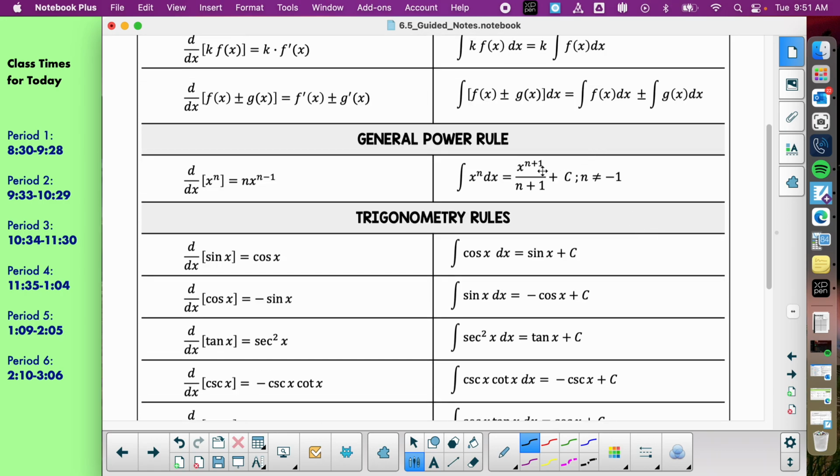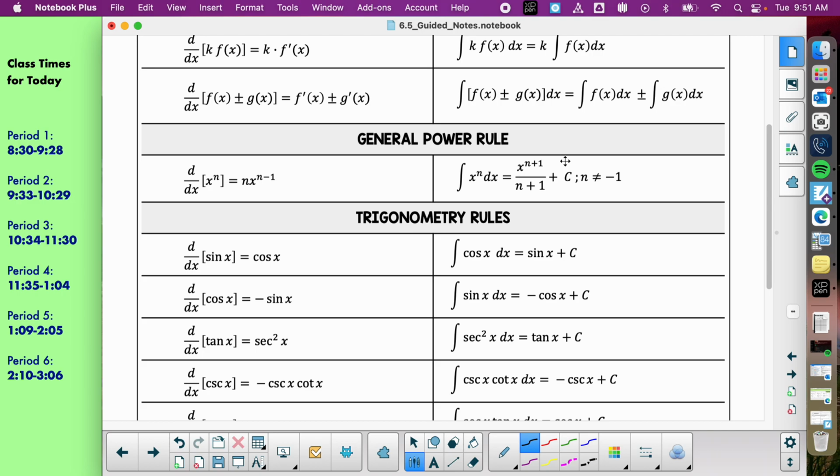The general power rule is what we're focused on today, and pretty much why this is going to go relatively fast, although I've taken a long time talking about it. When we did derivatives, the power rule, you subtract 1 from the power, then multiply it times the front. No, did I say that backwards?